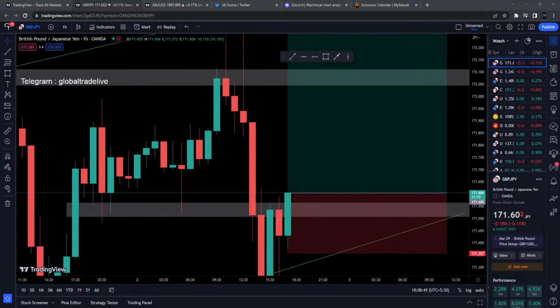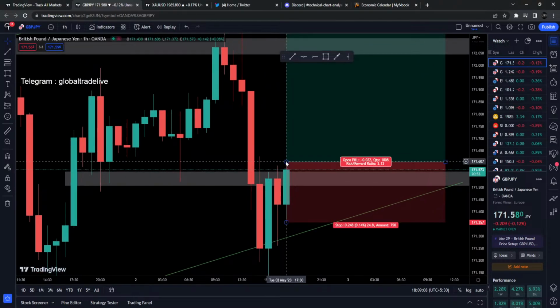Took a trade over here at this point in GBP JPY, keeping stops at 171.357. Alright, so let's see if we can have this one or not.